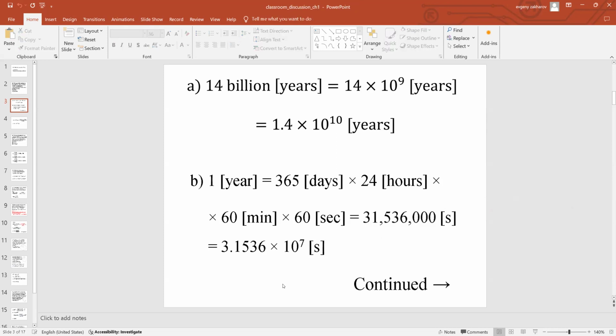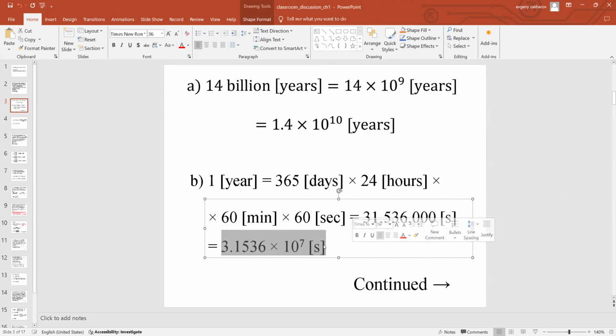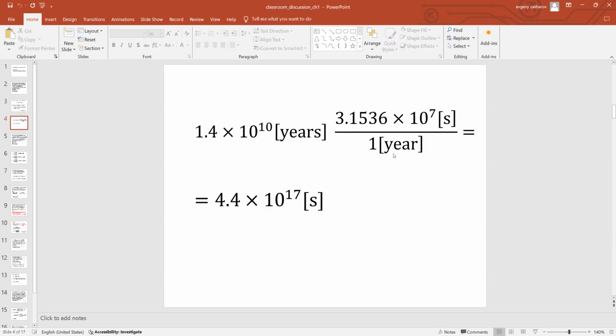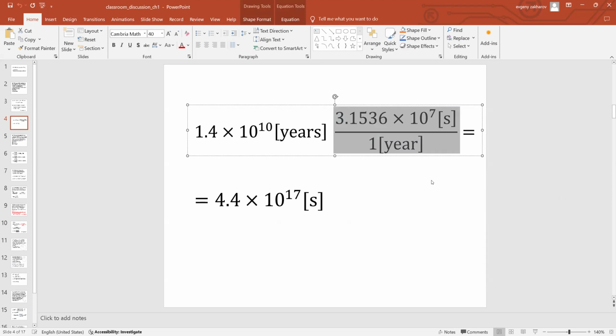And that's just 1 year, right? How many years do we have? We have this many years to work with. So 1 year is this many seconds. That's your conversion factor. So you write down the number that you work with, and then you use your conversion factor written as top and bottom rather than cross multiplication.